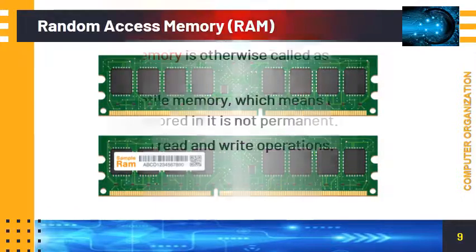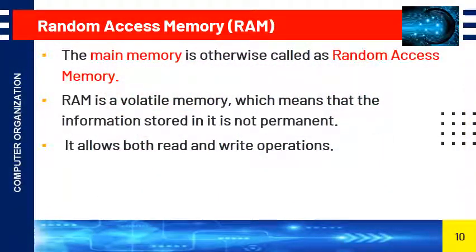The main memory is otherwise called random access memory. RAM is a volatile memory, which means that the information stored in it is not permanent. That is, when we switch off the computer, whatever data resides in RAM will be lost, and it allows both read and write operations.